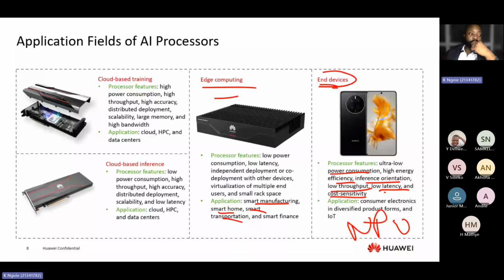You have it in smart finance. In transportation, for example, we use AI to detect different objects and tell the car to stop or to turn. We need decision making in real time. So that's why we're going to use this processor, which will help us with inference.